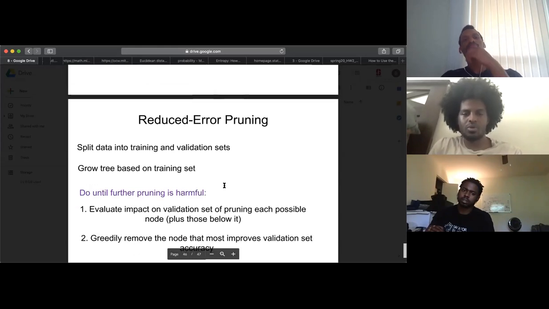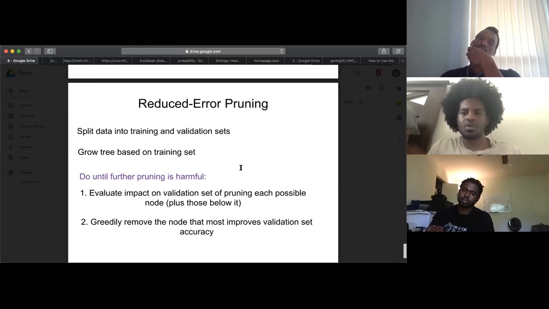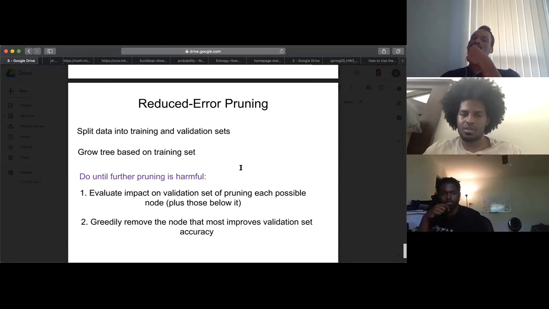Reduced error pruning. You can take your original set of data and split it into a training and validation set. So you will use a smaller subset of data to produce a tree, and then use the remaining data to evaluate, based on error, how good it is.